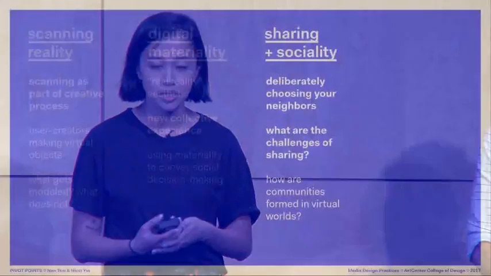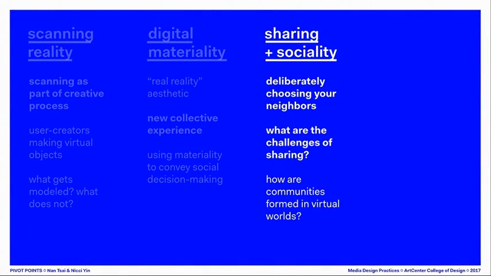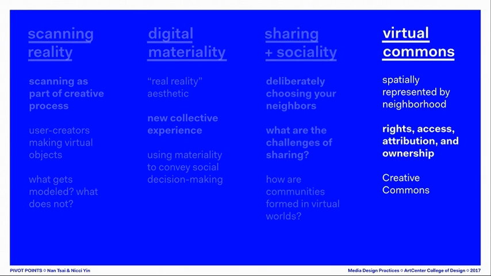Sharing and sociality is obviously also really central. In addition to asking, what are the challenges of sharing in mixed reality? We're also wondering whether this kind of system could be abused by people. Could they use objects to deliberately exclude or choose certain neighbors? And finally, we want to leave you with the virtual commons, including questions of rights, access, attribution, and ownership.